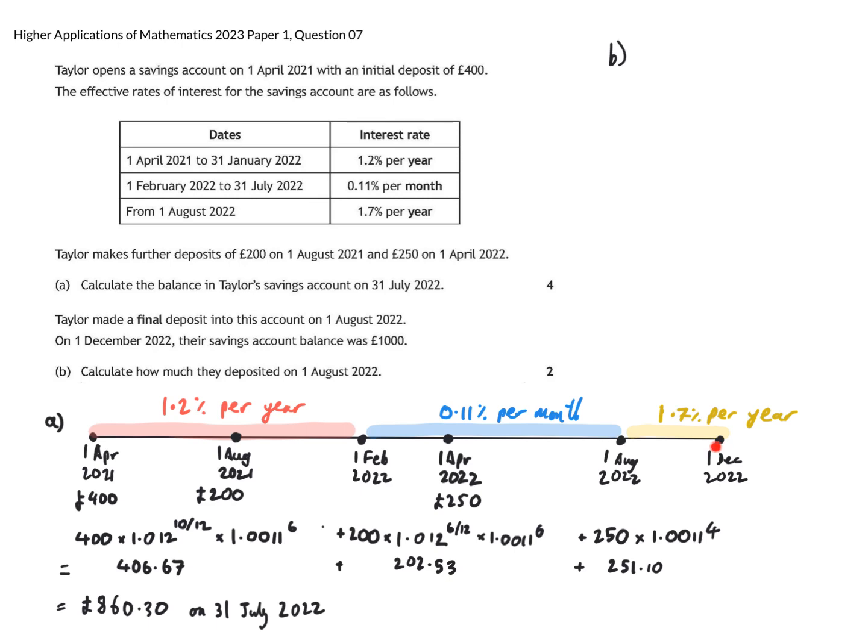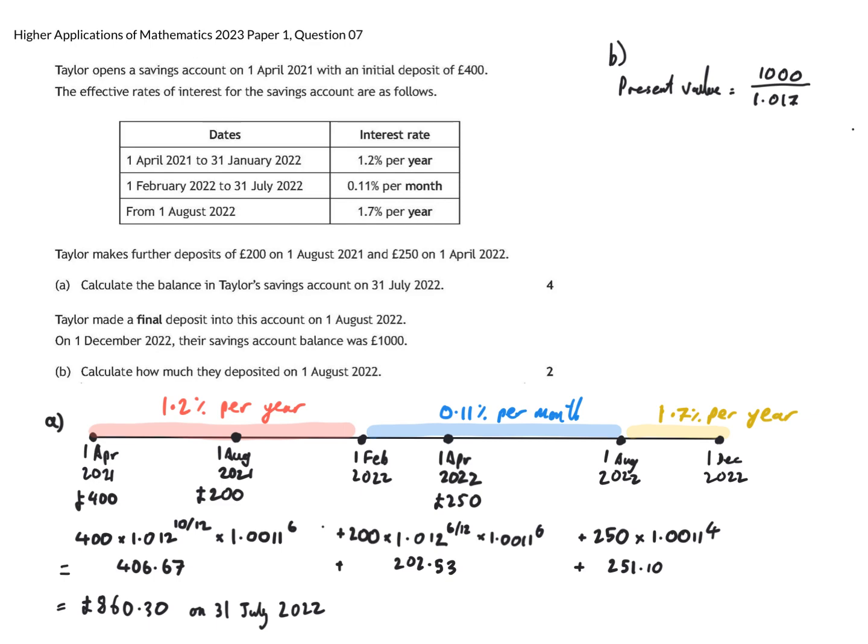We need to work backwards. We need to undo the interest on the £1,000 to see what its present value was on the 1st of August 2022. So the present value is going to be the £1,000, and we are going to divide by 1.017. Now that's because we are working backwards, we're undoing this interest rate here.